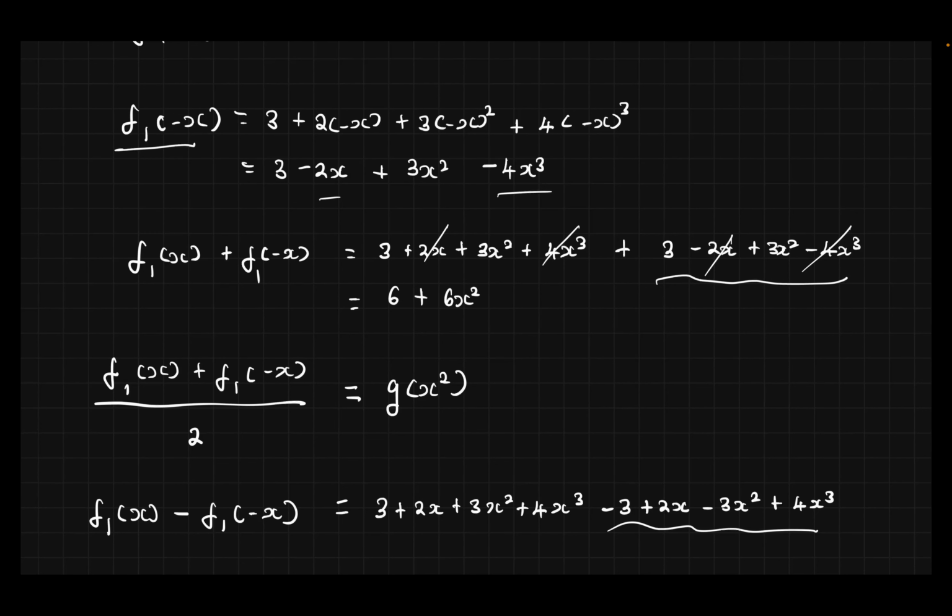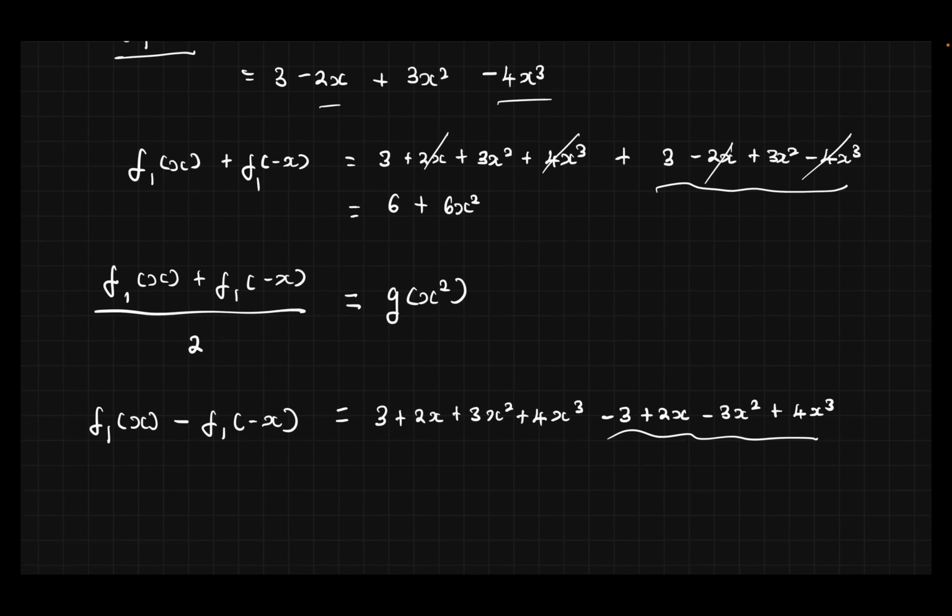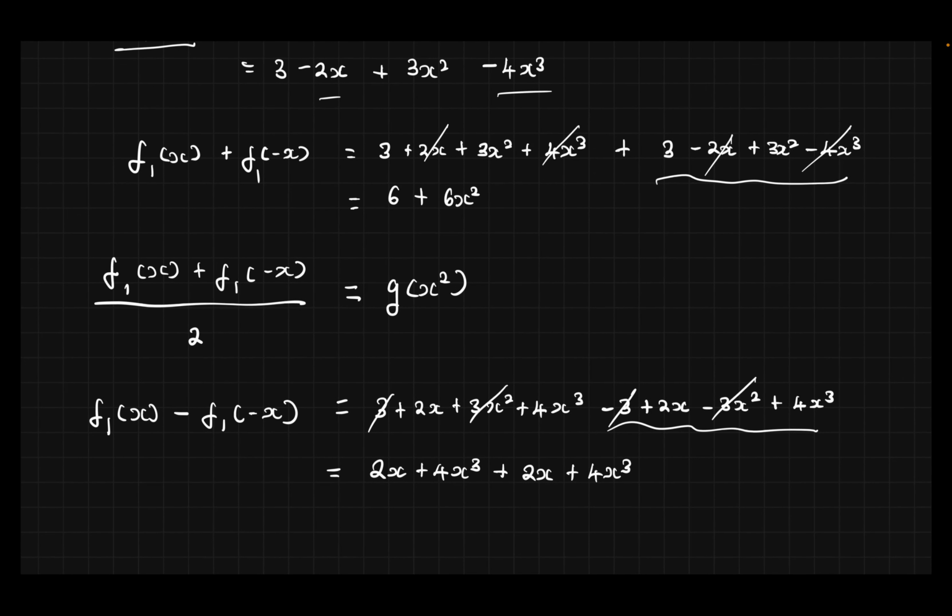That's the only difference between the two of them. Now, we're basically getting rid of the even terms. So what are we going to be left with? This one will cancel. This one will cancel. So we're left with 2x plus 4x cubed plus 2x plus 4x cubed. Does this make sense? Then what's the sum?